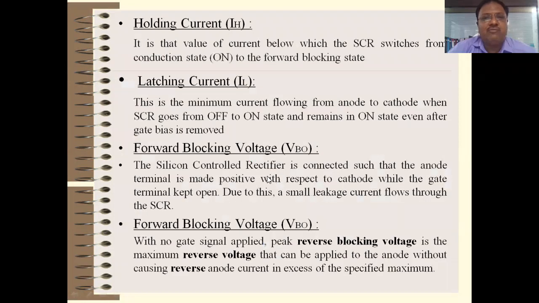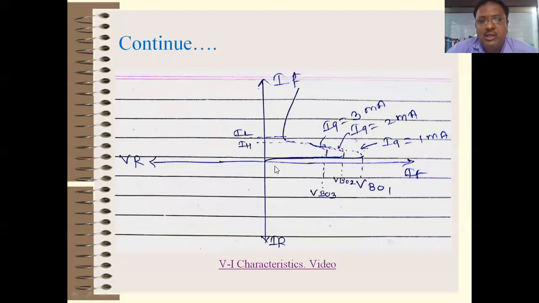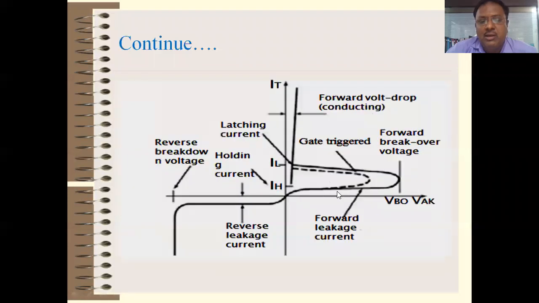In the last lecture, I showed you the definition of holding current. From the notes, the same definition is written here for your reference. It is that value of current below which the SCR switches from the conduction state to the forward blocking state. Which is the forward blocking state? This is the forward blocking state, right? The current is ideally zero, practically a very small current.